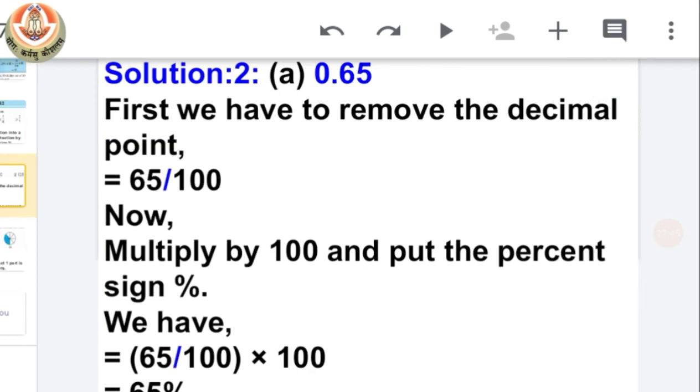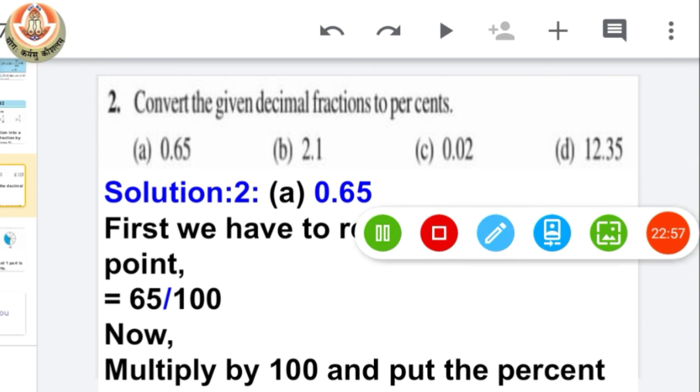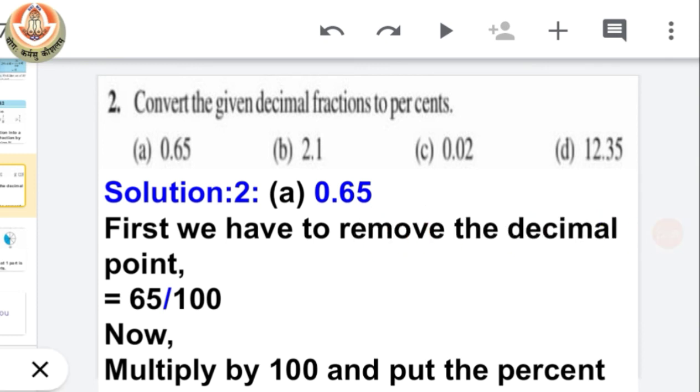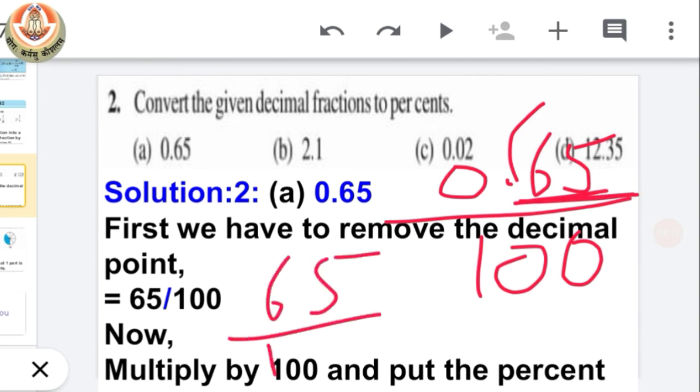The second question is: convert the given decimal fraction to percent. Now we had already discussed that to convert a decimal into percent, first you have to convert the decimal into a fraction. How can you do this? You just remove the decimal point and put 100, because we have two numbers after the decimal. Now we have 65 by 100, that is its fraction form.